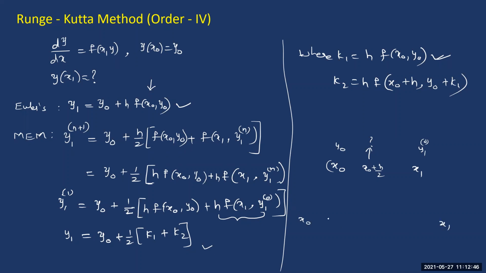And for the other 2 points, Runge-Kutta and the others have considered only one point, x naught plus h by 2, but they have calculated 2 different function values at this point. They have refined the solution at x naught plus h by 2 itself.